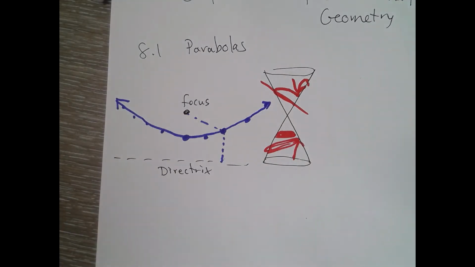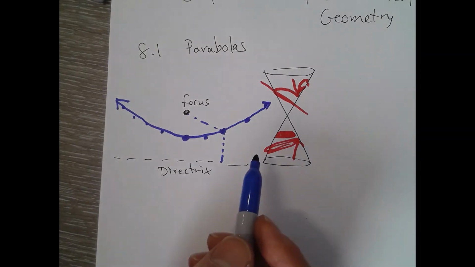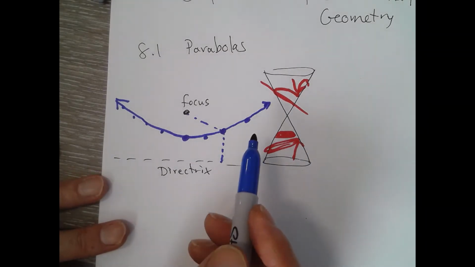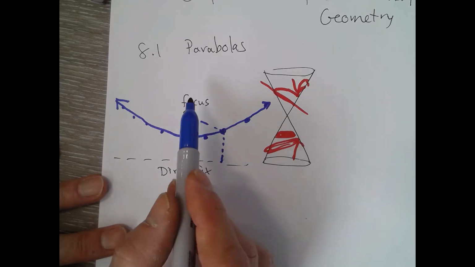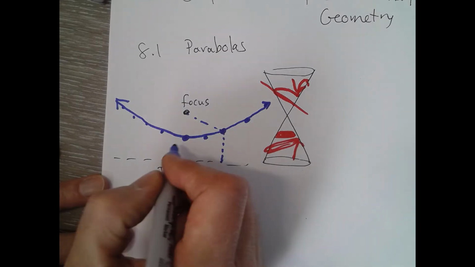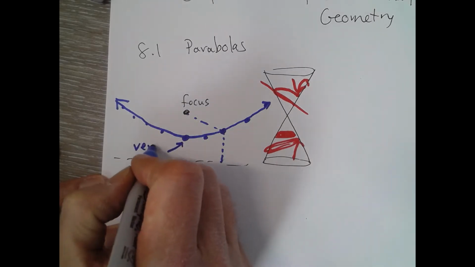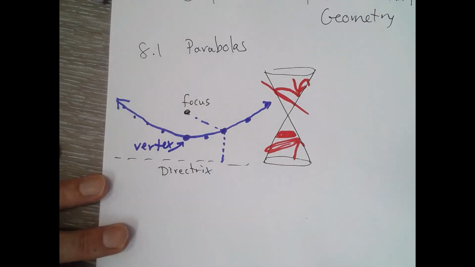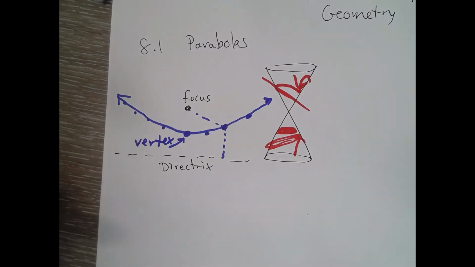It's a makeup of all the points equidistant from a point, which is the focus, to a directrix. And this right here is the vertex of the parabola. We talked about vertices a lot when we studied parabolas.